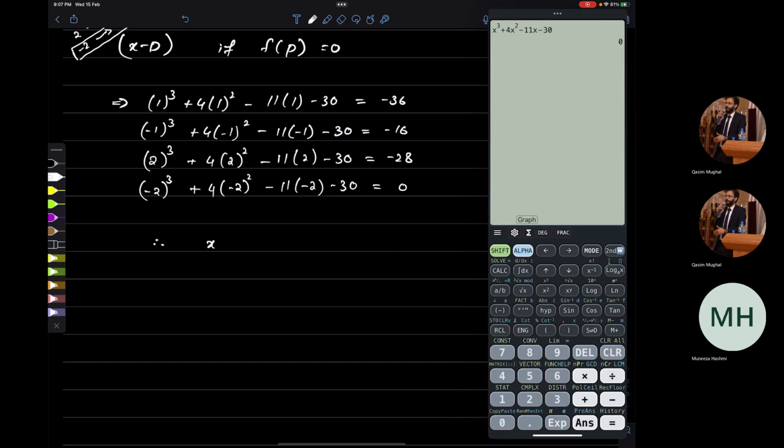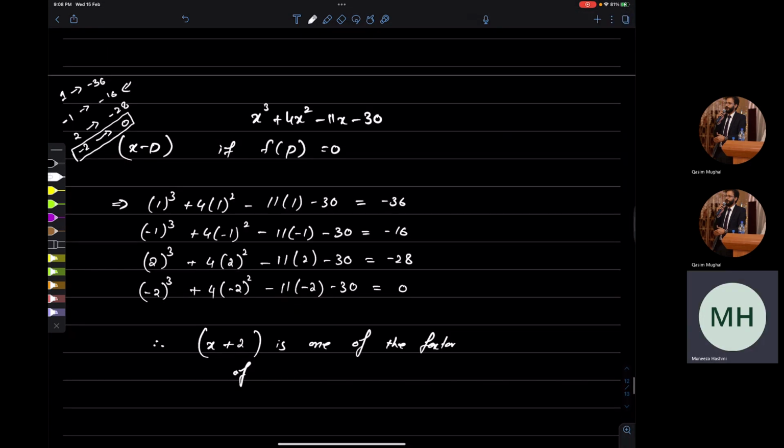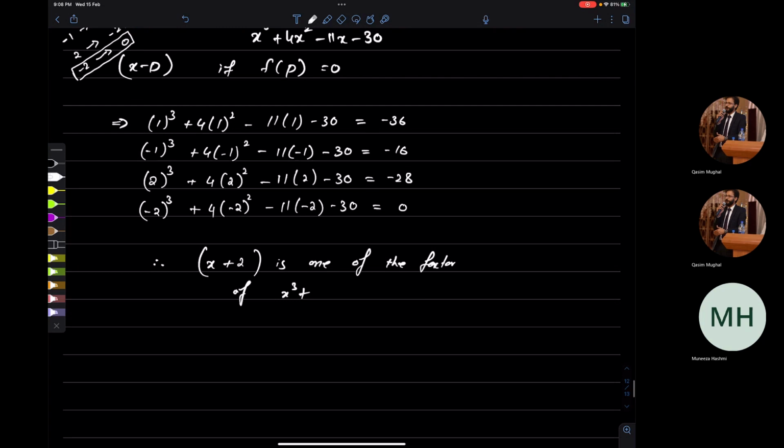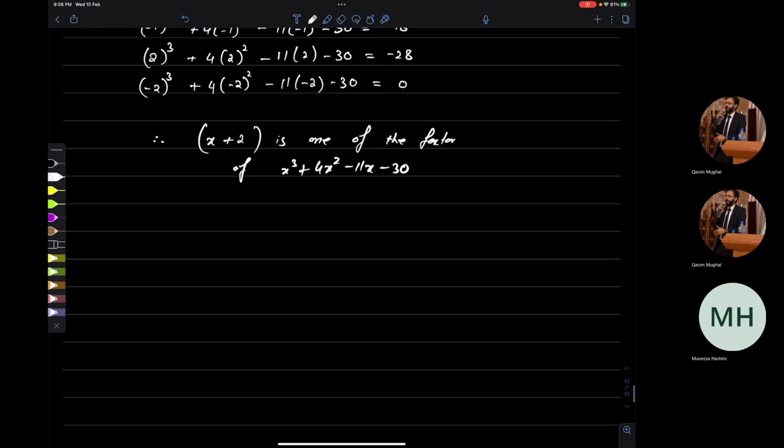Therefore, changing the sign of minus 2, x plus 2 is one of the factors of x cubed plus 4x squared minus 11x minus 30. Which means x plus 2 times something equals x cubed plus 4x squared minus 11x minus 30.